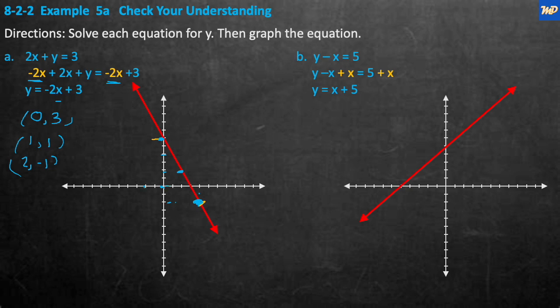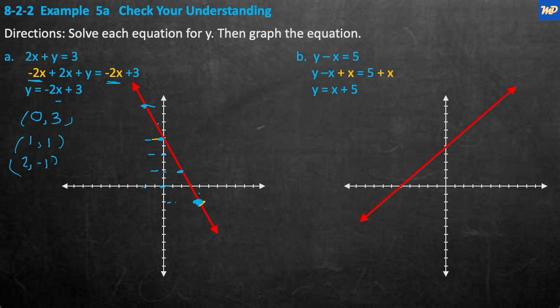So if I go negative 1, 1, 2, 3, 4, 5, right across from here, that should be out to the 1 right there. See? They line up. Okay, the next one, B. Y minus x equals 5.